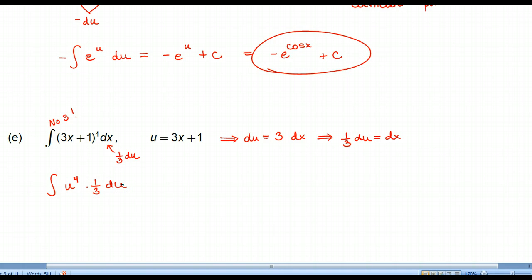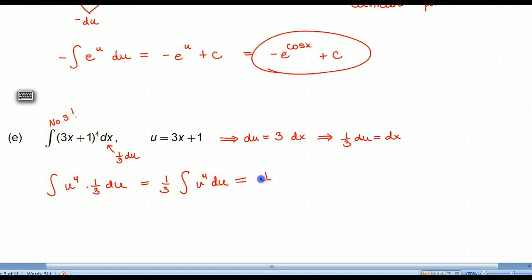But remember, I don't like to deal with coefficients until the end, so I'm just going to move it to the front. You'll notice I'm usually going to do this in one step later on. When I end up with a 1/3 du, any coefficient of du, just multiply that to the front of the integral. Now just look at u to the 4th du. That becomes u to the 5th over 5.